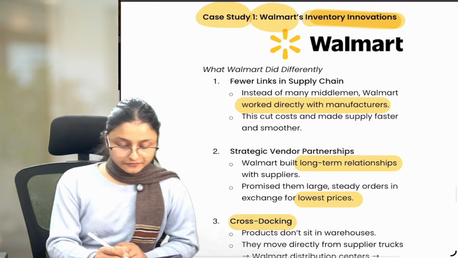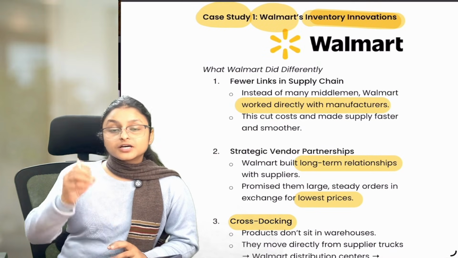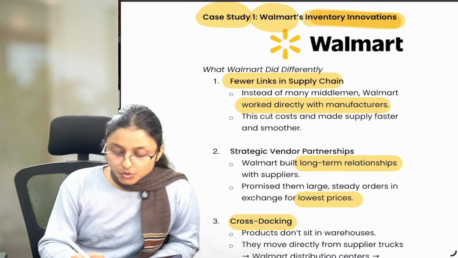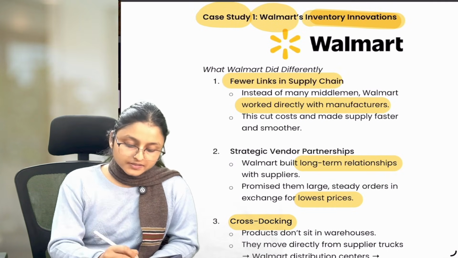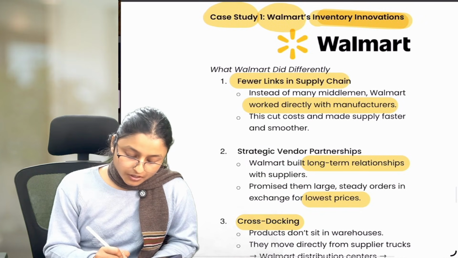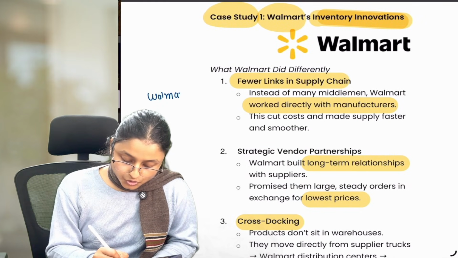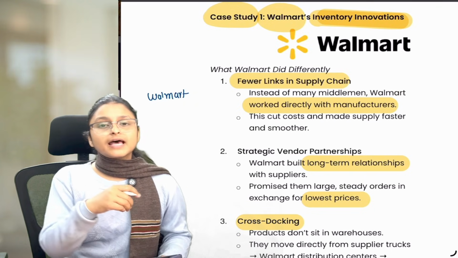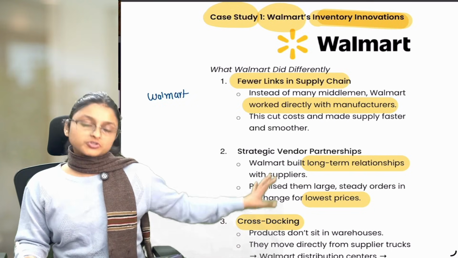What did Walmart do differently so that it could become the largest retail chain? First of all, it created fewer links in the supply chain. Now, what does that mean? Walmart doesn't run only one retail store; it has thousands of retail stores worldwide.